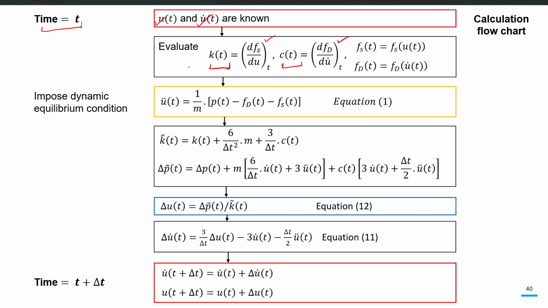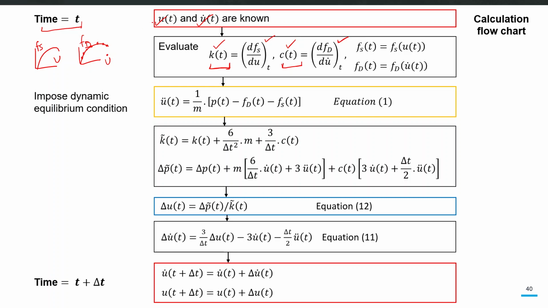Obviously, if we are solving a linear problem, there is no need to calculate these slopes. k of t will be a constant number which will be given, and c of t will also be a constant number which will be given in the linear case. But if the structure is non-linear, then the fs and u relationship and fd and u dot relationship will be given already. So using these two relationships, you can calculate the slope at any time instant at any value.